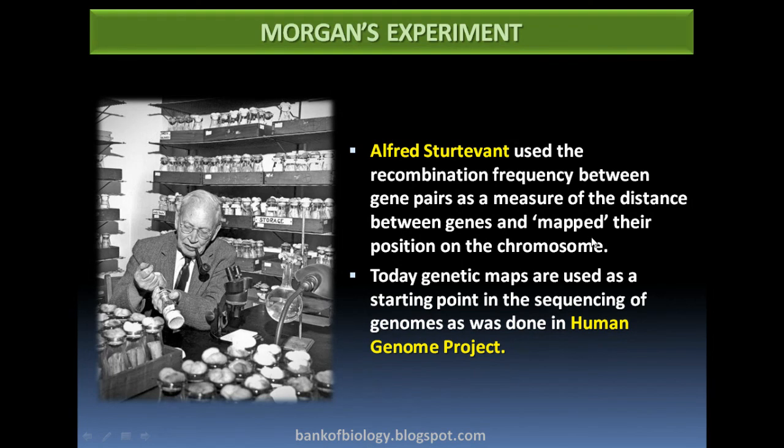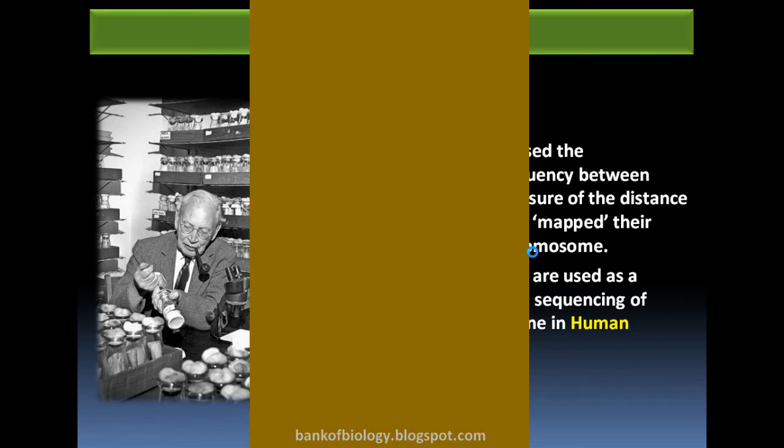Gene mapping is the measure of the distance between genes and their position. Hence, we can locate the genes on the chromosomes.